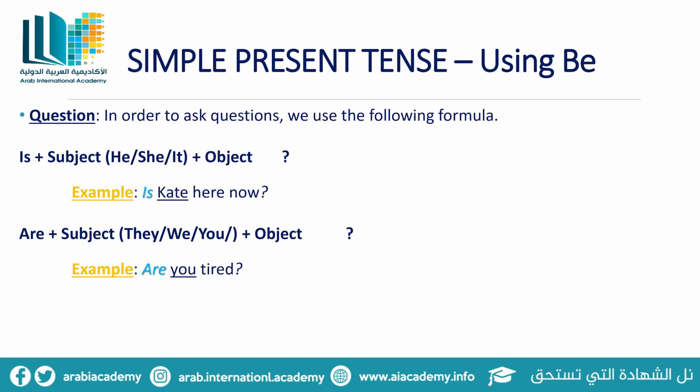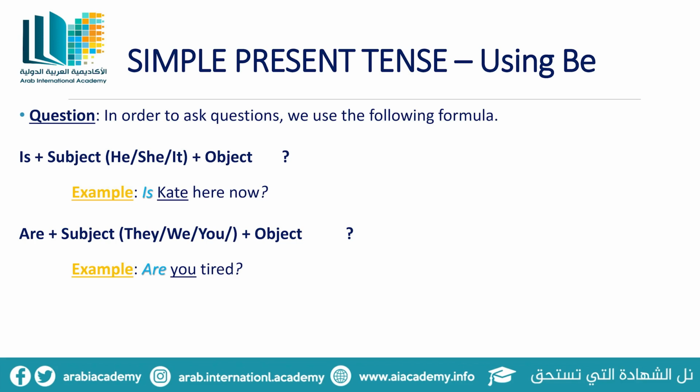Now, in order to ask a question with a subject of they, we, or you, you have to use are. So to ask a question, we start the question with are, followed by the subject, like they, we, or you, plus the object.